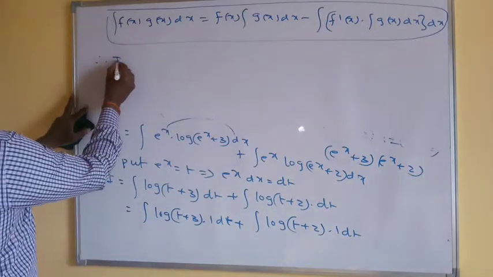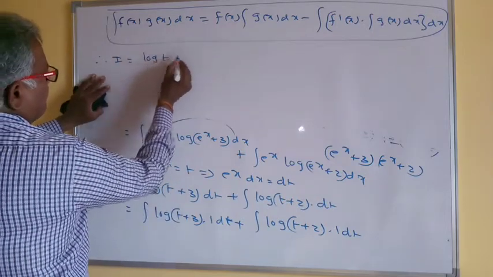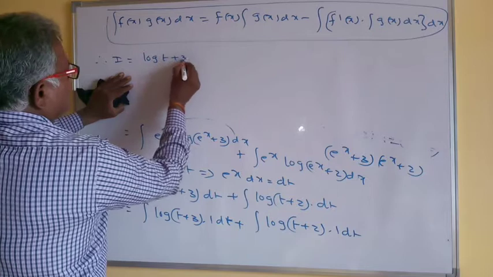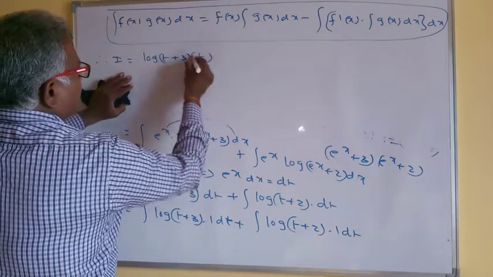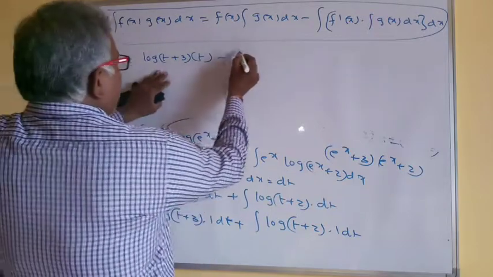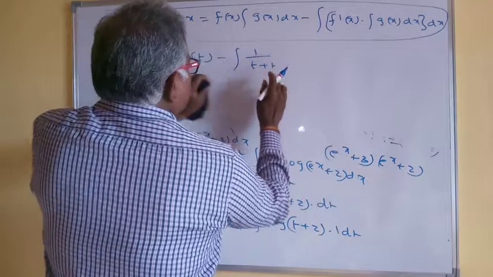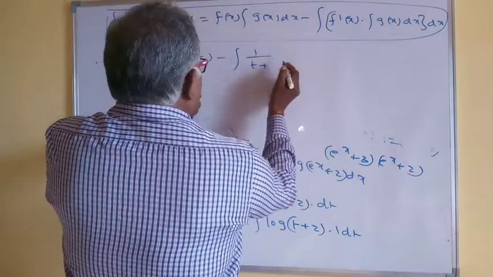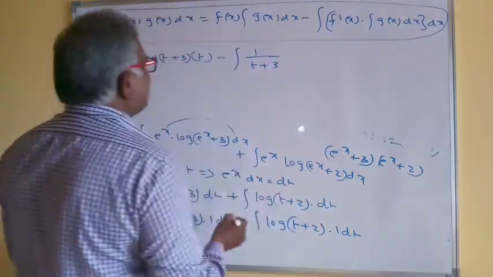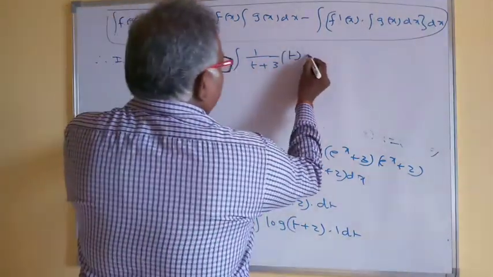Therefore I is equal to first function into second function integral, t, next minus derivative of log x, 1 by x. So in the same way here simply log 1 into t. Okay, that's all over.